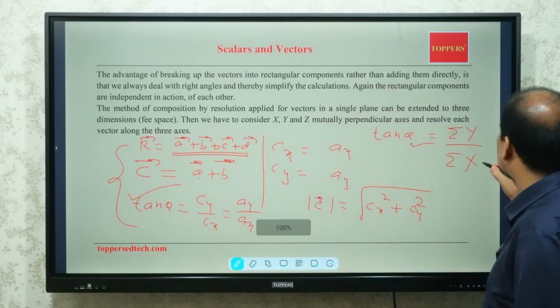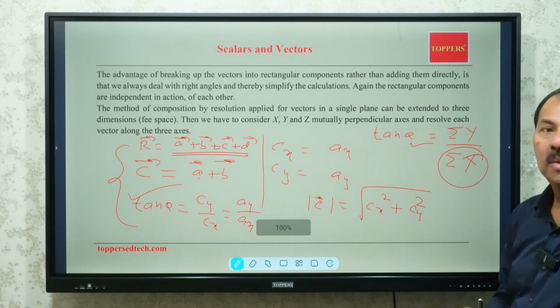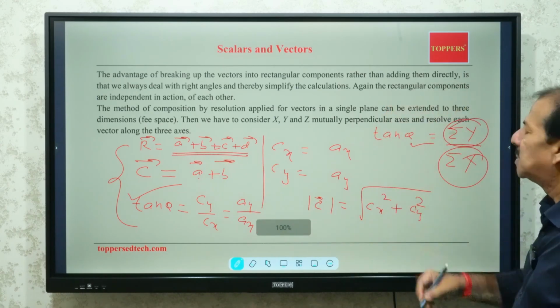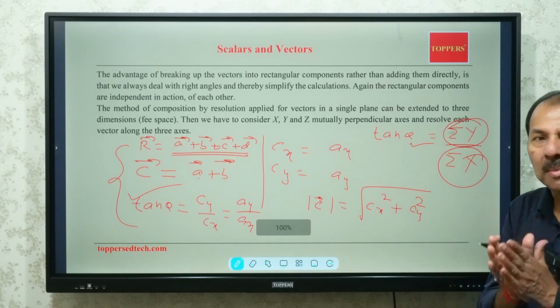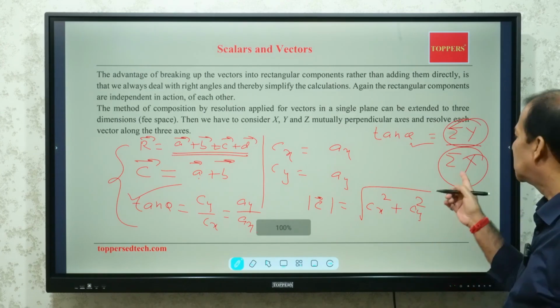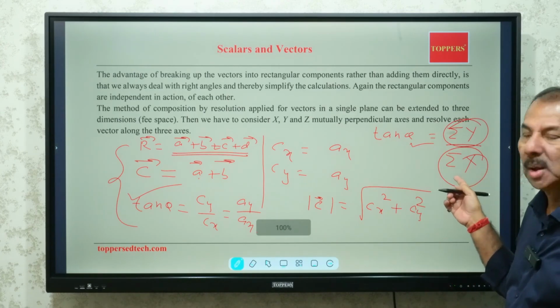So that becomes the summation of x. Similarly for the y components of all these vectors, that will be the summation of y.